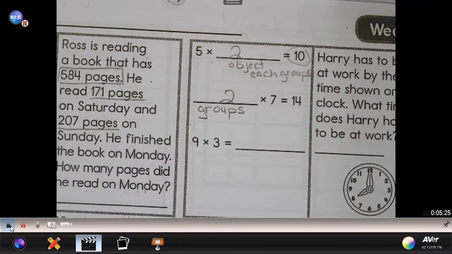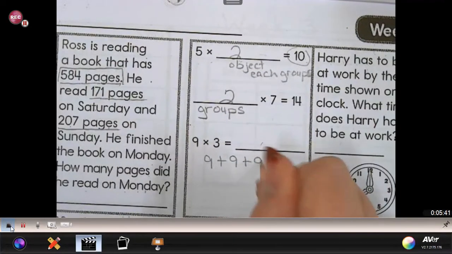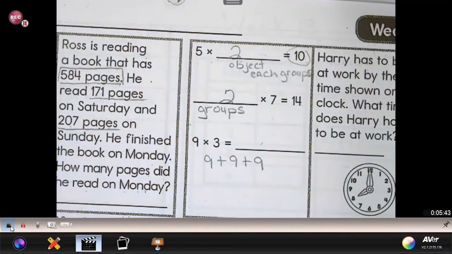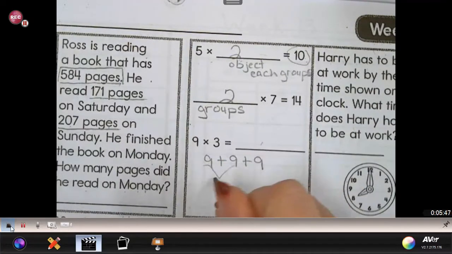Same for 9 groups of 3. However, we already have our factors, so here I'm just looking for my product. I have 9 groups of 3 or 3 groups of 9. So I could add 9 plus 9 plus 9 and use repeated addition. Or if you know how to skip count by 9s, 9 and 9 is 18.